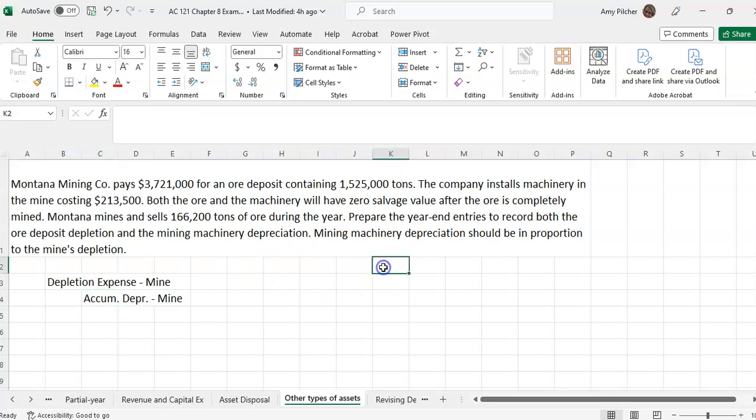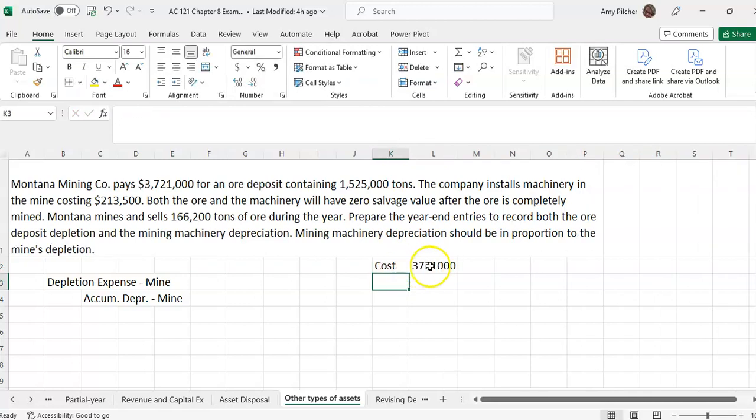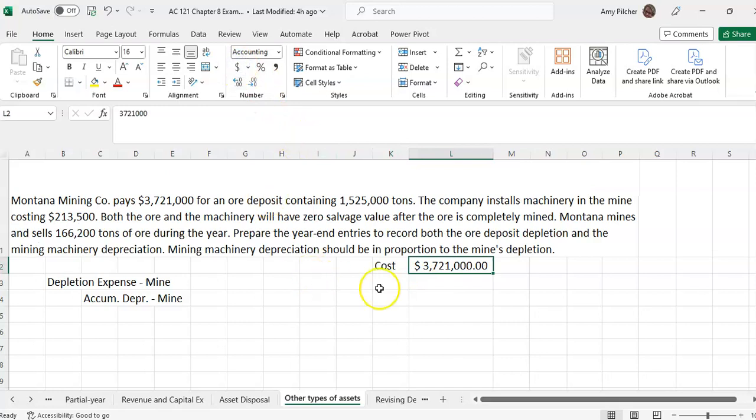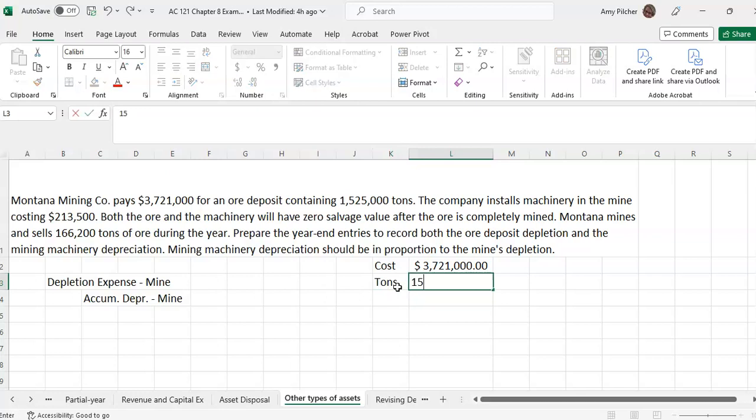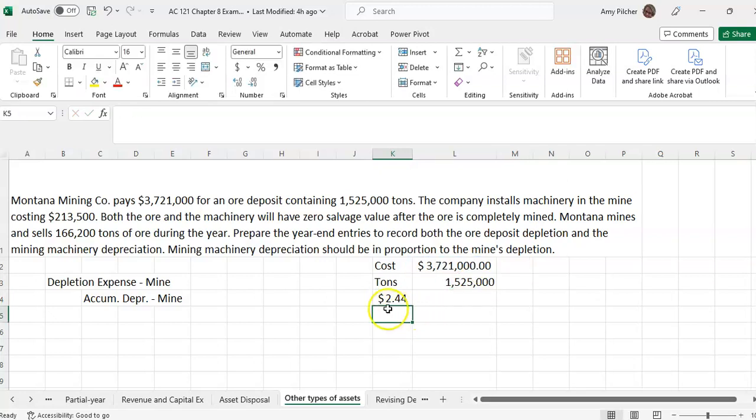So we have the cost of $3,720,000. And we have tons of ore of 1,525,000. Okay, so we get the cost per ton of ore is $2.44 per ton.